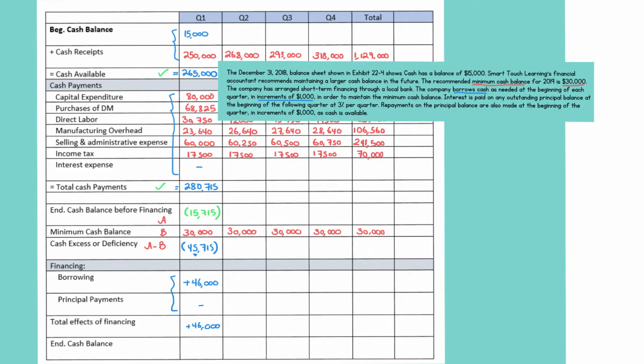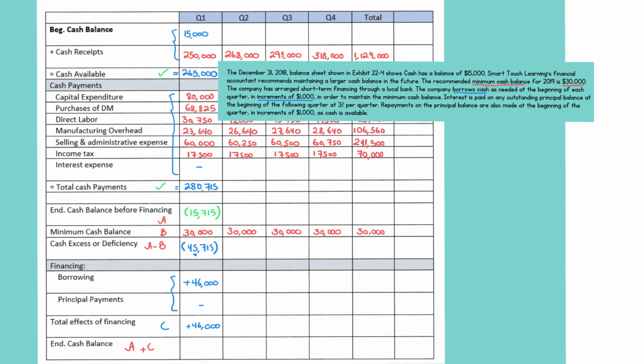Let's assume the total effect of financing is C. Now how can I find the ending cash balance? Ending cash balance before financing was A, and the financing part is C, so A plus C equals the ending cash balance.